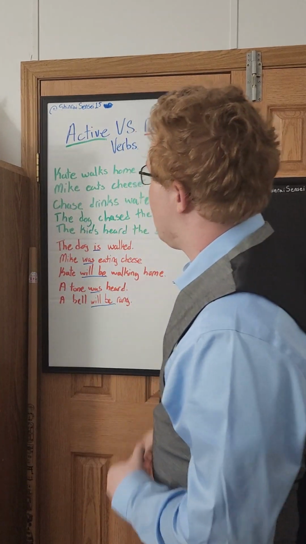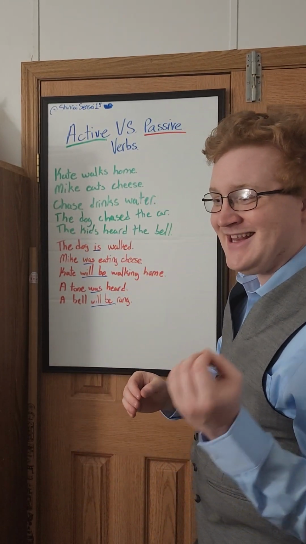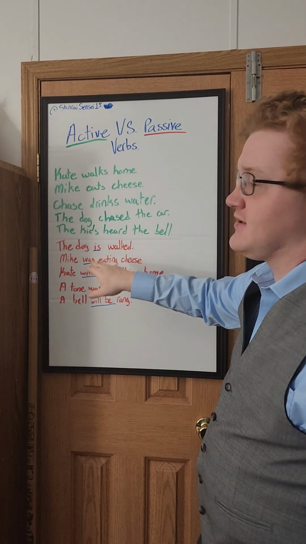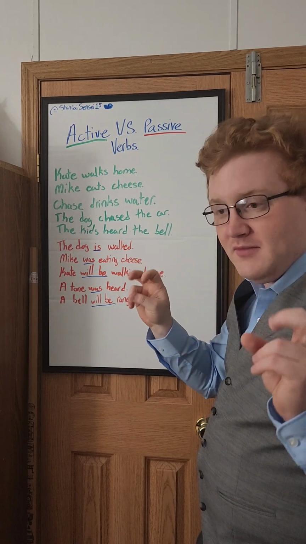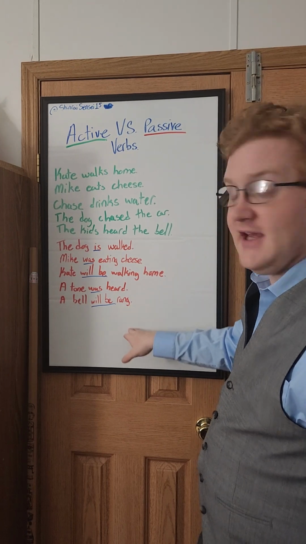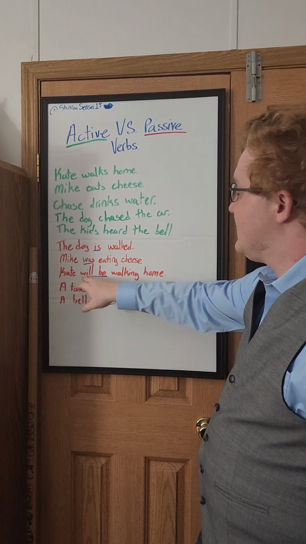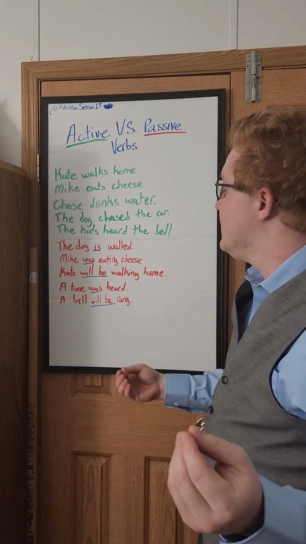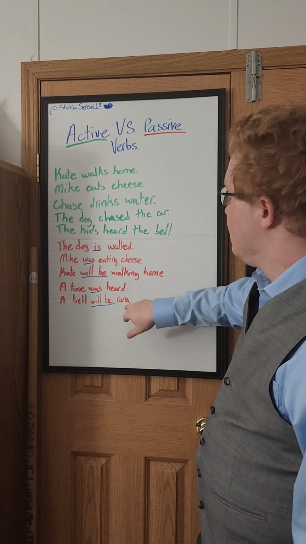So you have the active verbs, where the verb is actually doing its job in the sentence. It is the action taken in the sentence. And then you have the passive verb, with some sort of am, is, was, will be, to be. What they call a to be verb is going to be in between the verb that you might think is the action being taken and the subject, which means that this verb of being is actually the verb in the sentence and not this passive verb.